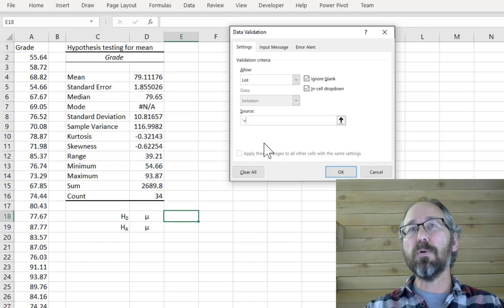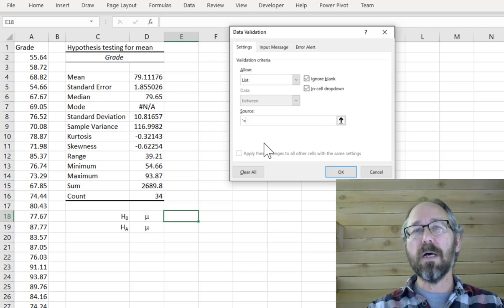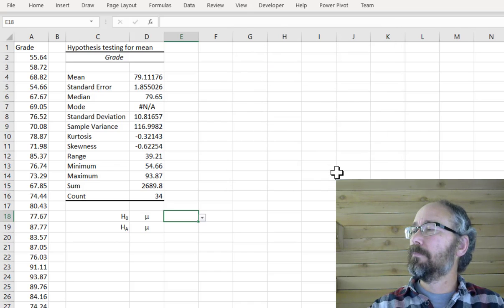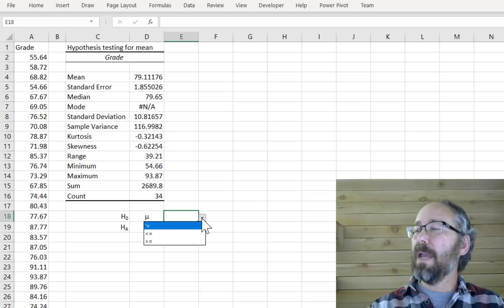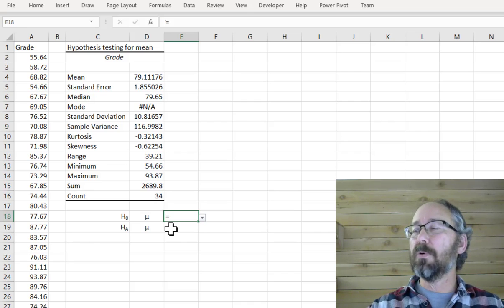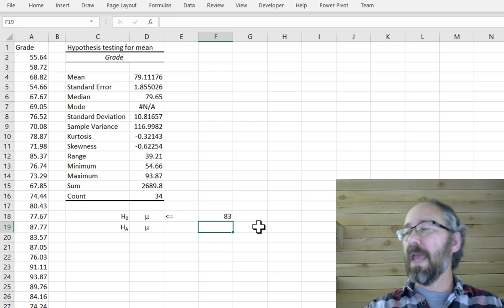So we need that single quotation mark before it to tell Excel that this is the text version of the equal sign, that it's not part of a mathematical formula. Okay, and now we have our drop-down list. And notice that when I select equals, it doesn't display that single quotation mark. And then we'll be putting in a value here. So I'm going to start with 83.